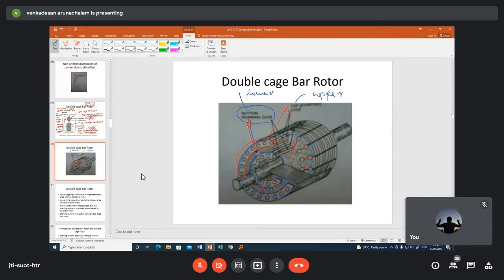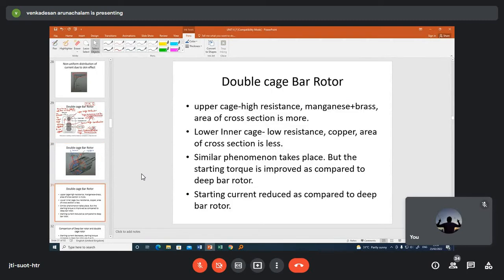These conductors have different materials. Initially the current flows in the upper conductor because of skin effect, and during running, current flows in the lower cage also because it has very low resistance. So that is the construction of the double cage rotor.